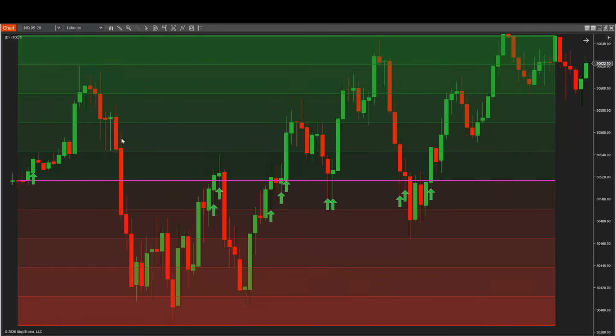Now, when price comes back, it goes right through the midline, but you see there is no short. In this case, the filter did not identify a price below the midline, and so there is a missed opportunity on the downside. And that actually brings me to an important point.